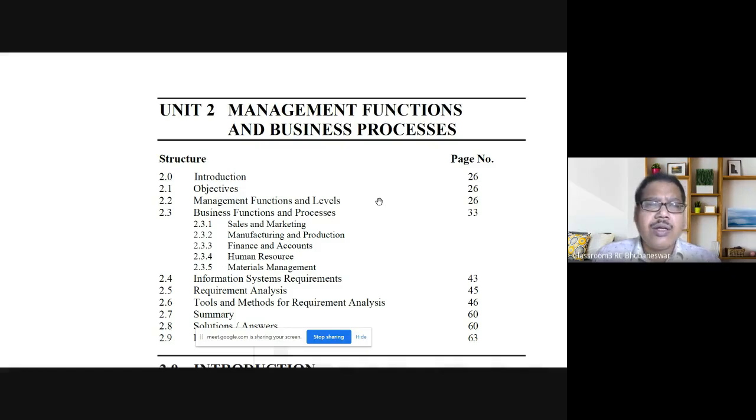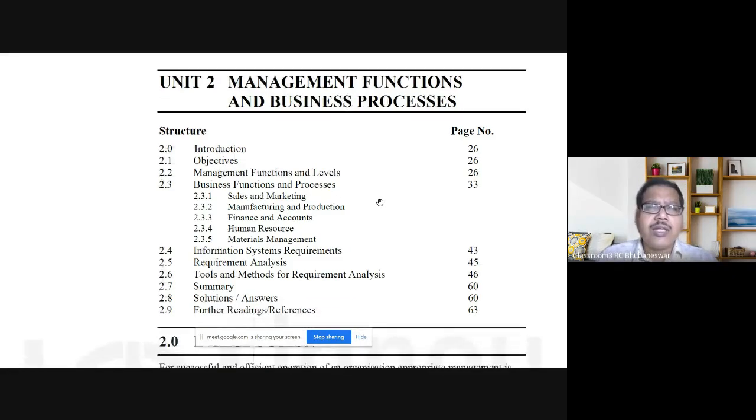In the second unit, with respect to organizational structure, organizational behavior, organizational characteristics, we have to proceed further. First we will discuss business functionality, and then we have to look into the managerial levels.